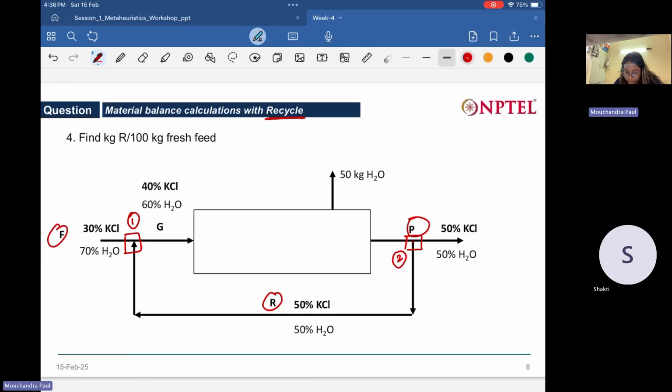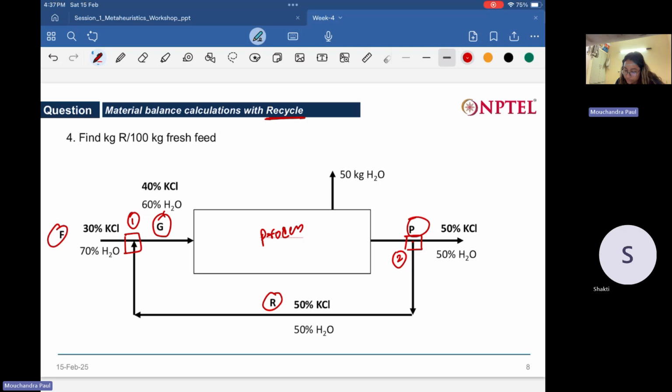So this is the process. F is the feed that is entering at point 1. There is mixing, so there is now a mixed feed G entering the process. Some water is going out and the product P is coming out. But at point 2, recycle is happening.